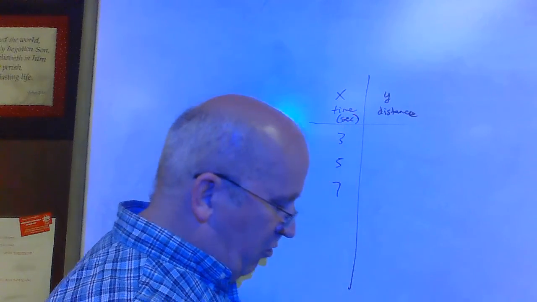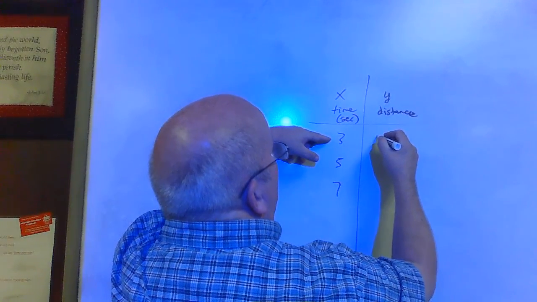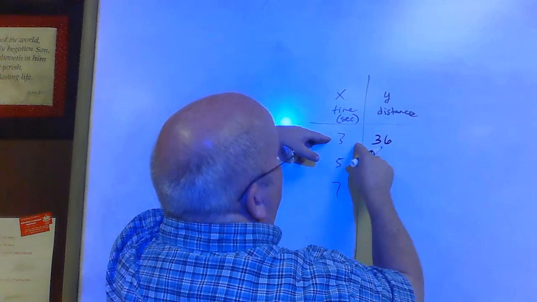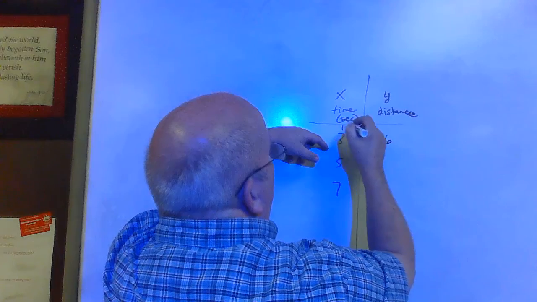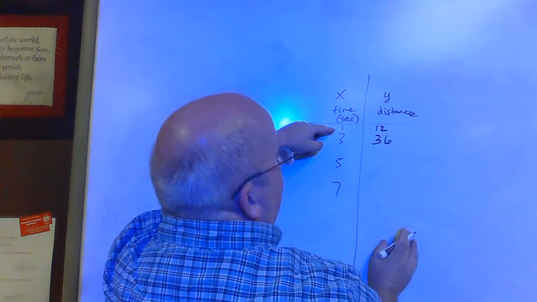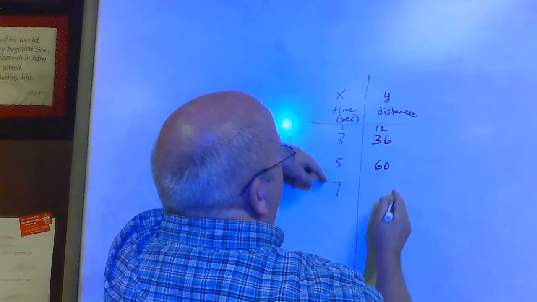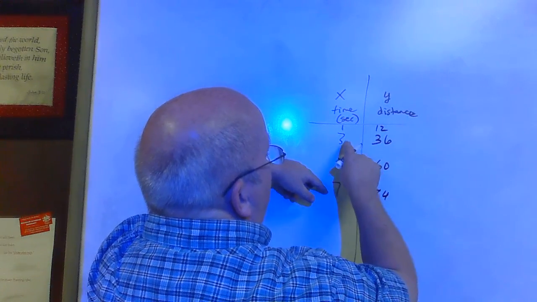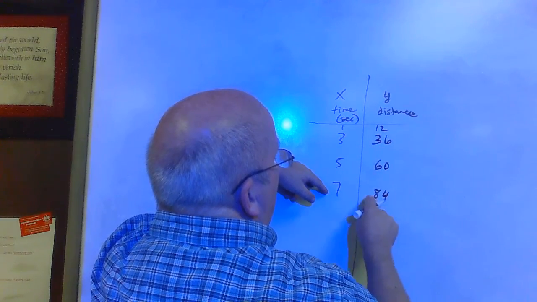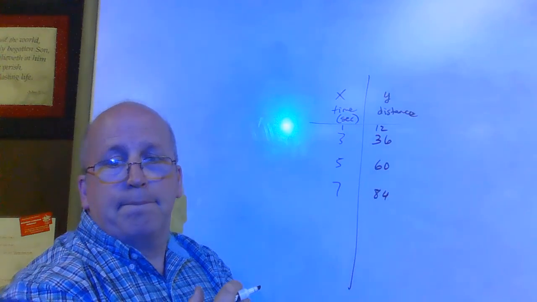Well, if they travel 3 seconds and they go 12 feet per second, isn't that 3 groups of 12 for 36? Because 1 second would be 12 feet, wouldn't it? So 3 has to be 36, and 5 has to be 60, and 7 has to be 84. How am I getting those numbers? I'm just multiplying by 12 each time across from the x to the y value, right?